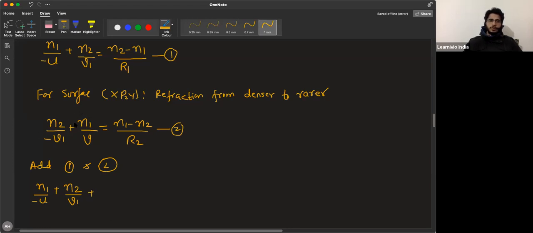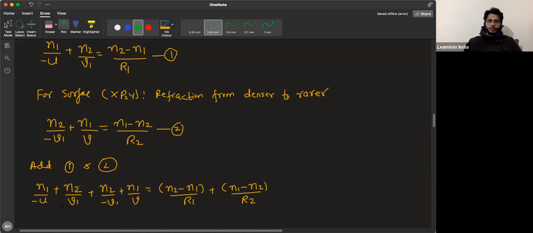I'm adding this equation: N2 by minus V1 plus N1 by V is N2 minus N1 by R1 plus N1 minus N2 by R2. See, N2 by V1 and N2 by minus V1 will cancel out. First cancellation.